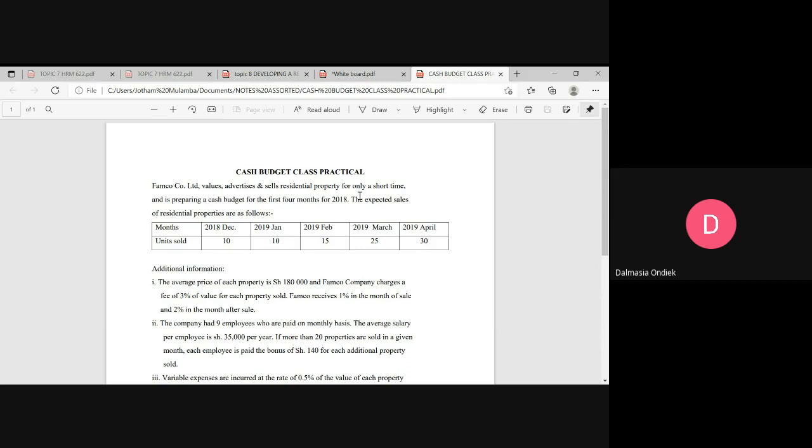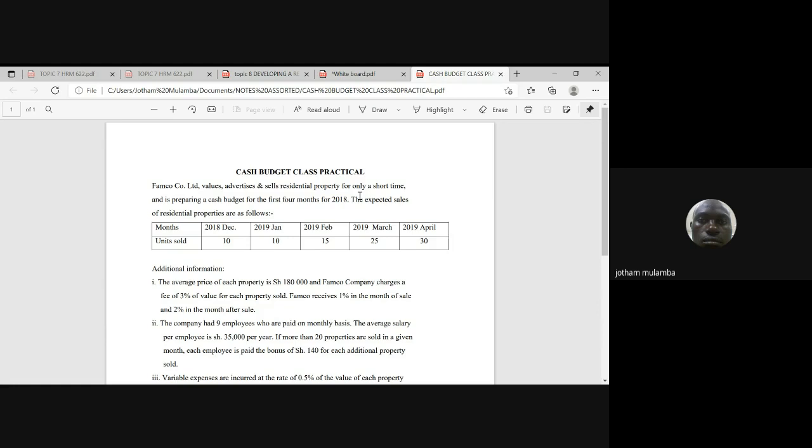Now, let me interpret that, then we go to additional information. Now, this is what it means. This company, they value, advertise, and sell residential property. This company does not construct their own houses. So they are not dealing with the business of selling their own houses.